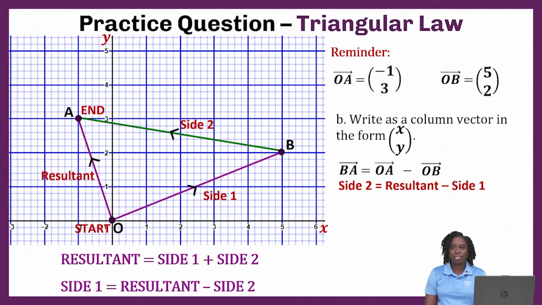Now let's replace those with their respective column matrices. OA is (-1, 3), and we're going to minus OB, which is (5, 2).